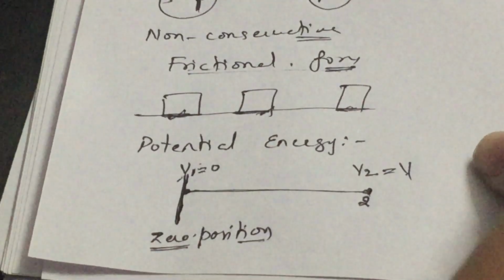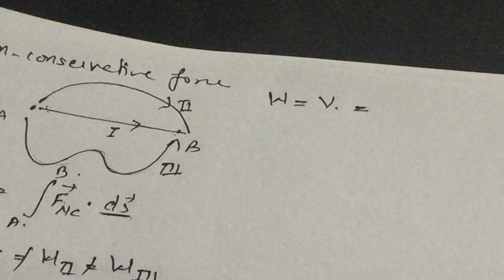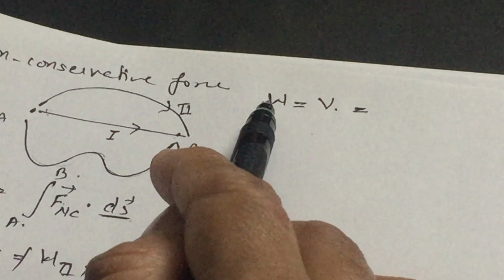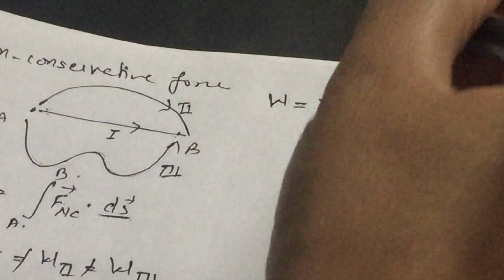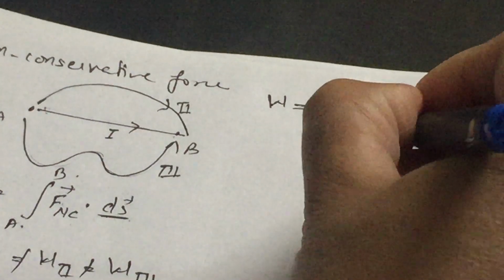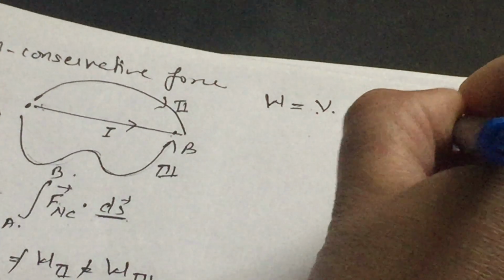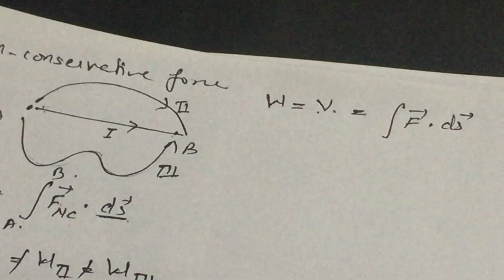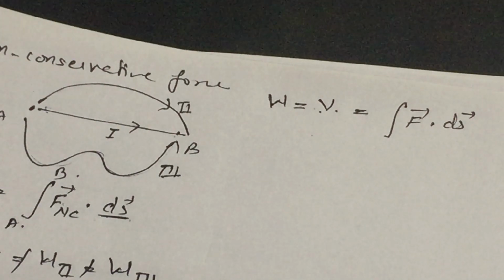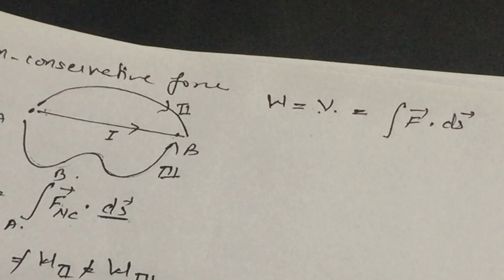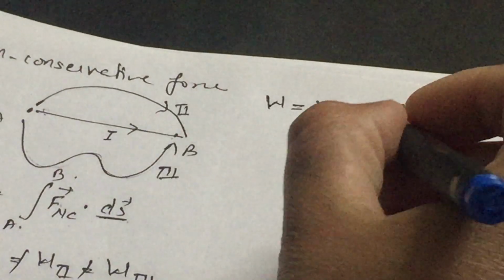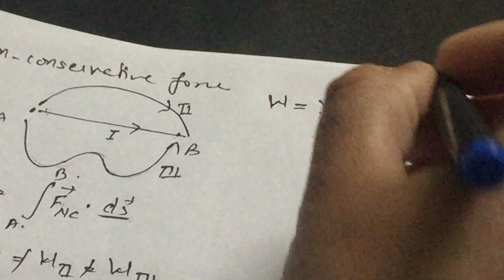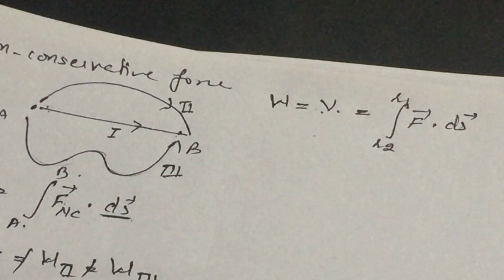This change in the potential energy is given by work, or we can say that work is converted into potential energy. If work is attached with potential energy, it means there is some relation between force and potential energy. Work is given by the integral of F dot ds if the particle is moving from the second position to the first position.